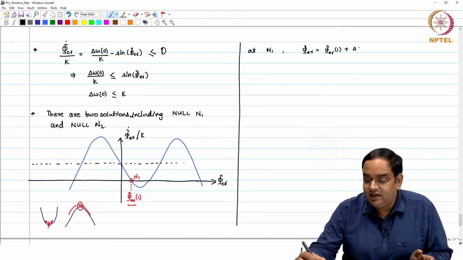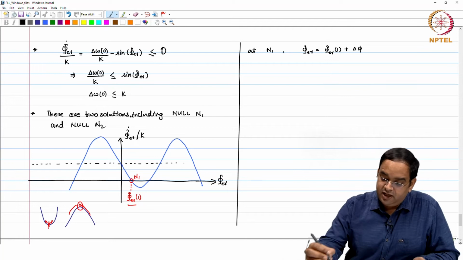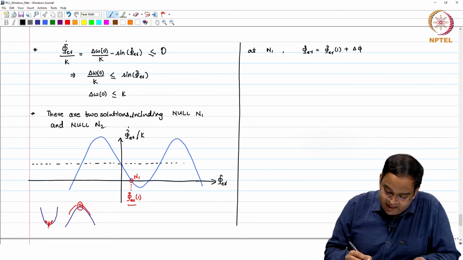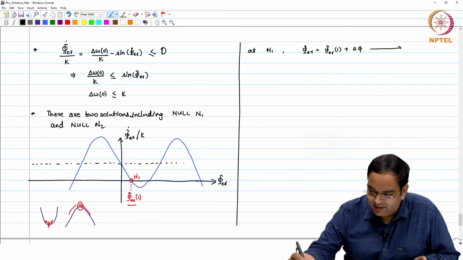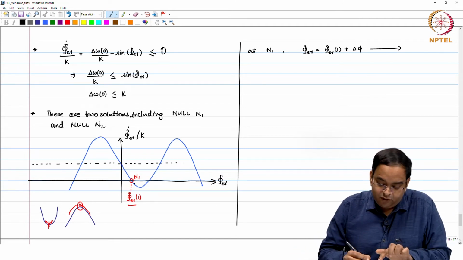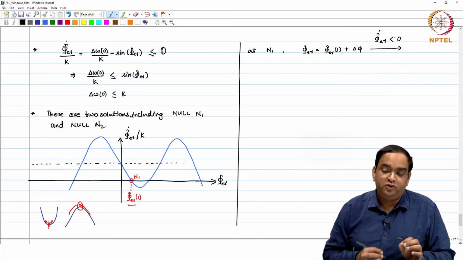So, you make a delta change in the phase, you apply the disturbance. Then, looking at this particular curve, what you see is that the derivative of the phase error is negative, phi error dot is less than 0.